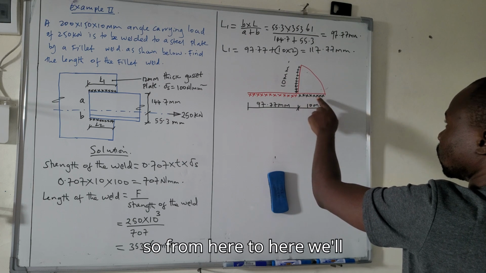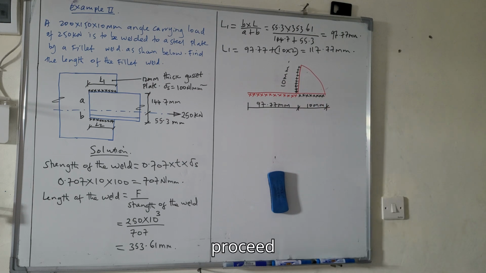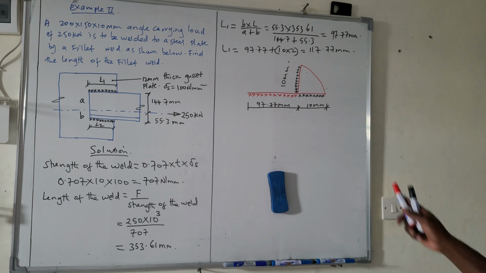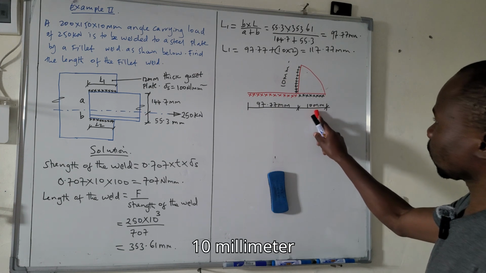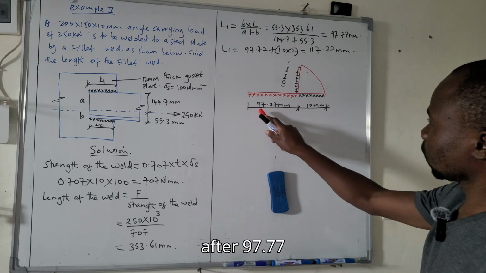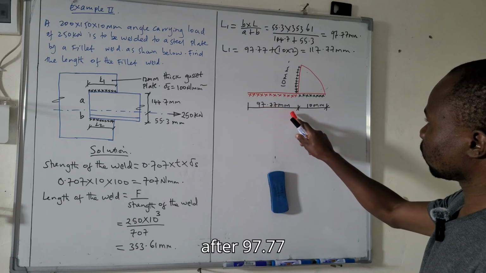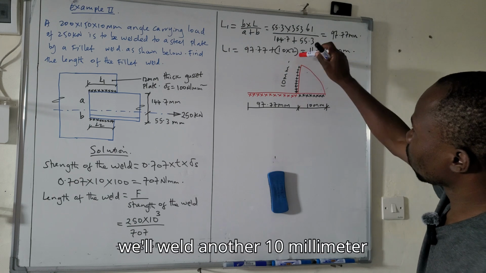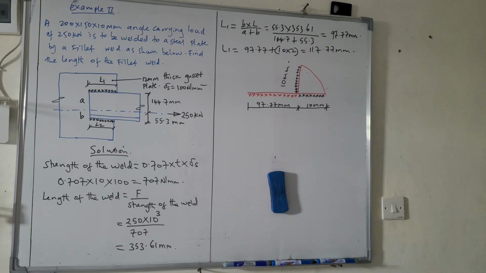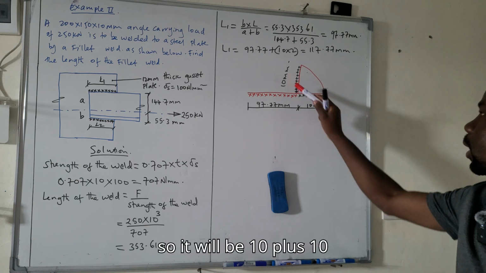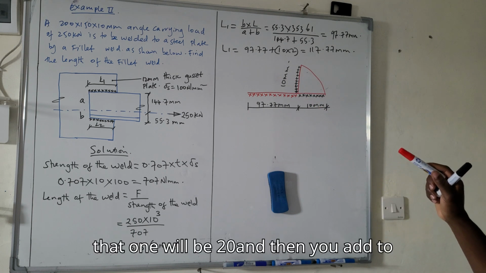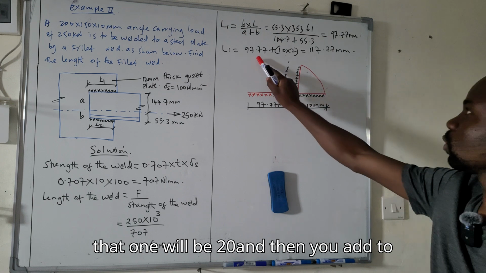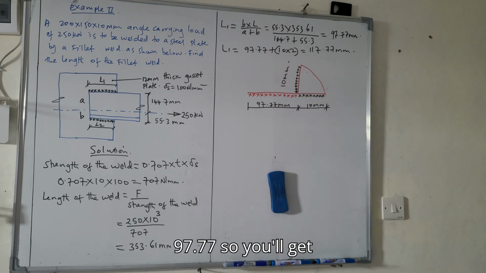So from here to here, we will proceed 10 millimeter after 97.77 millimeter. Again, to the other side, you will weld another 10 millimeter. So it will be 10 plus 10, that one will be 20. And then you add to 97.77. So you will get the total length as 117.77.